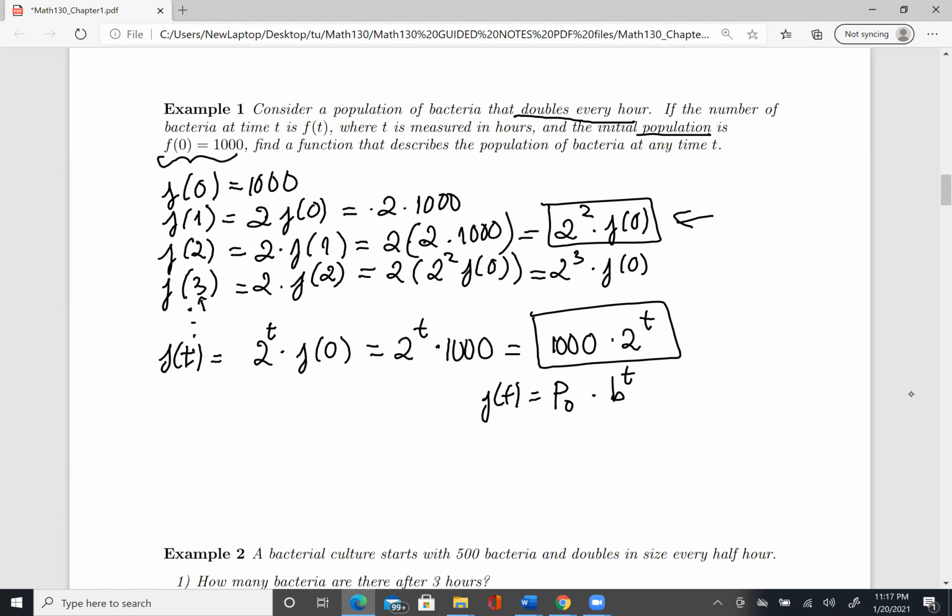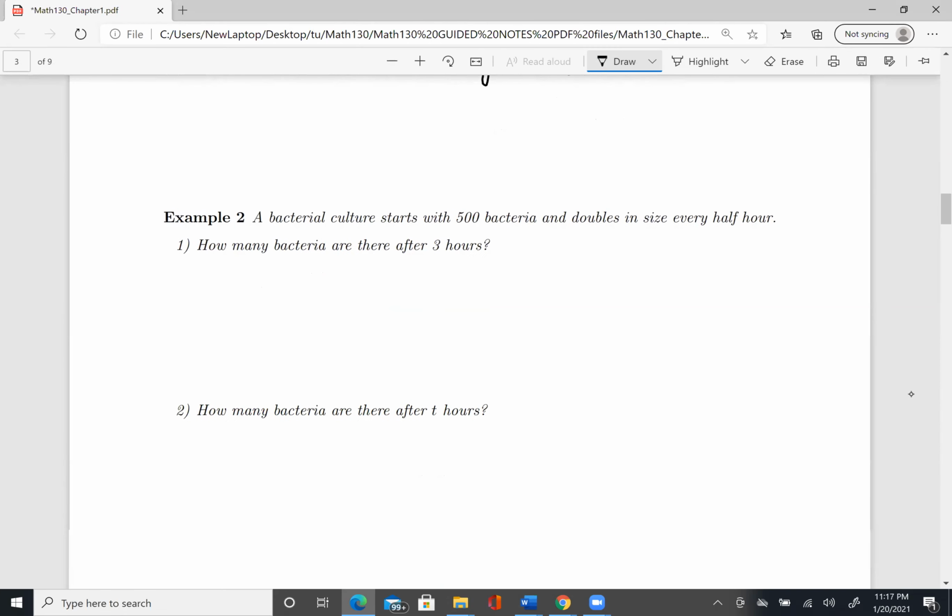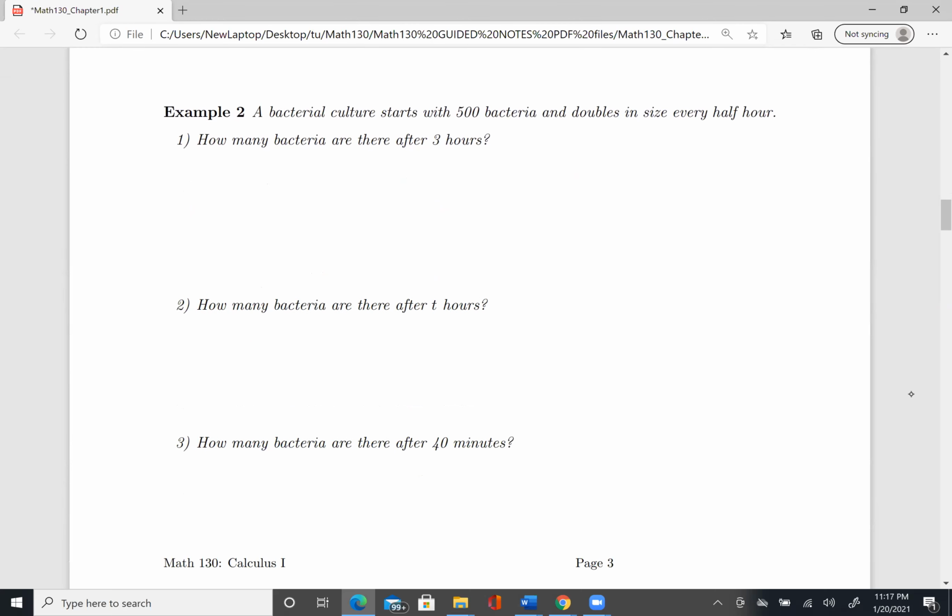So let's move down to example number 2. A bacteria culture starts with 500 bacteria and doubles in size every half hour. So how many bacteria are there after 3 hours?